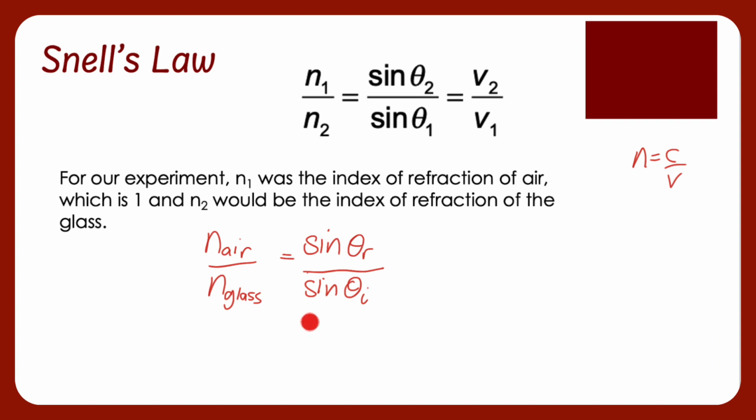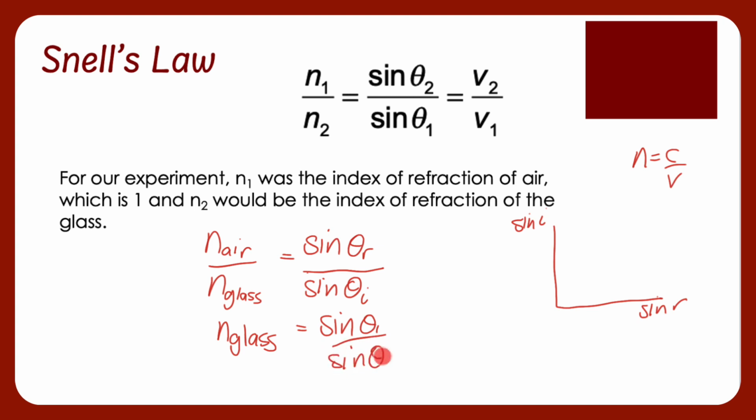Now if you remember, our graph had sine I over sine R. Let me rearrange that. Our value for air is 1. If I just rearrange this, I'm going to have n of glass be sine theta I over sine theta R.